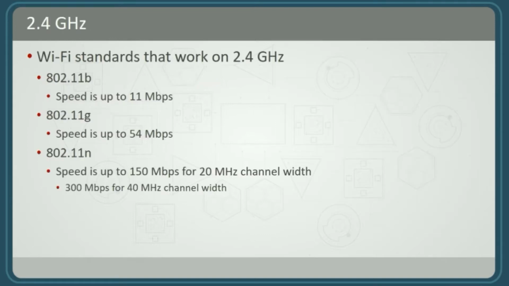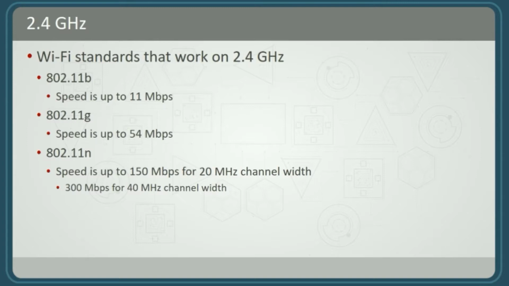So looking at the 2.4 gigahertz standard, this is in essence 802.11b, G, and N. And you can see that the speed changes. For B, it only supported 11 megabits per second. For G, 54 megabits per second. And for N, up to 150 megabits per second on a 20 megahertz channel width, and then 300 for a 40 megahertz channel width.